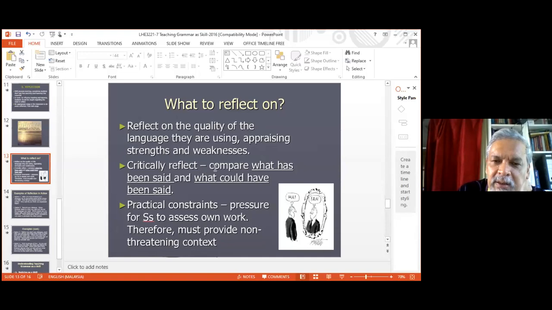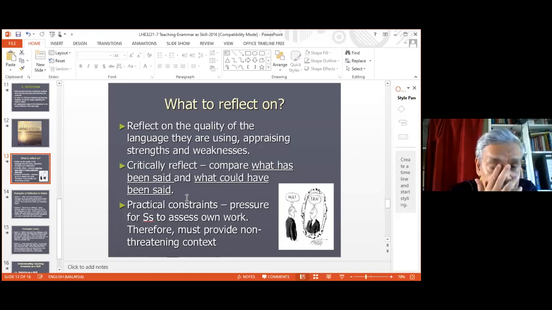Critically reflect: compare what has been said and what could have been said. Not every student will be able or willing to get to this stage where they critically reflect in terms of language use.